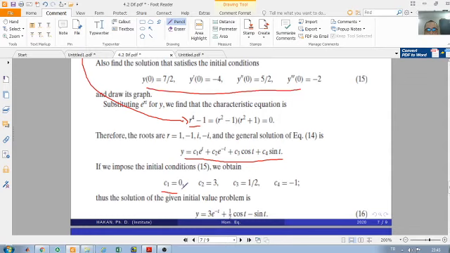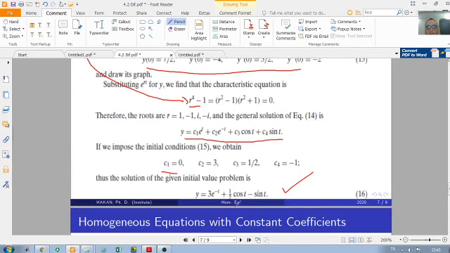Okay, C1 is 0, C2 is 3, so we have 3 times e to the power minus t. C3 is 1 over 2 times cosine t minus sine t. Okay, you can easily find it.